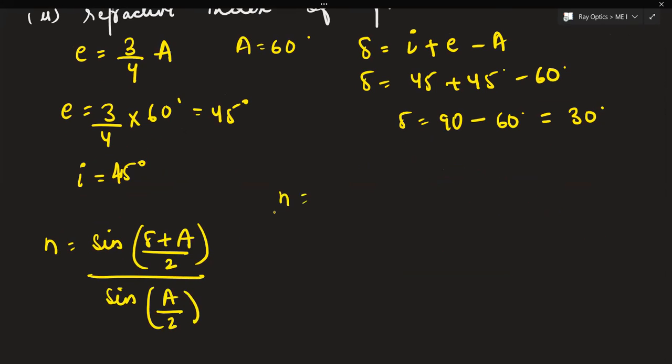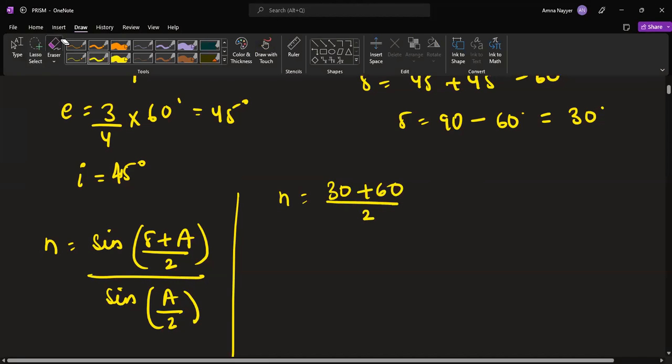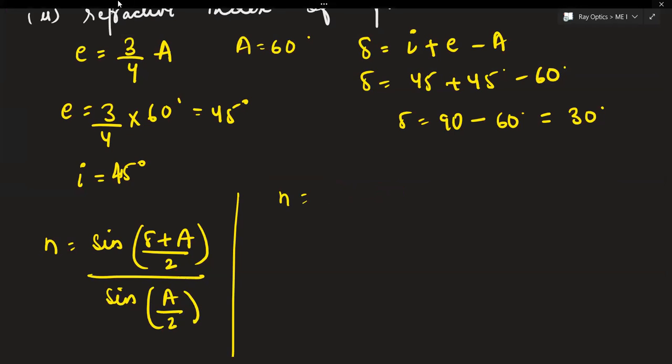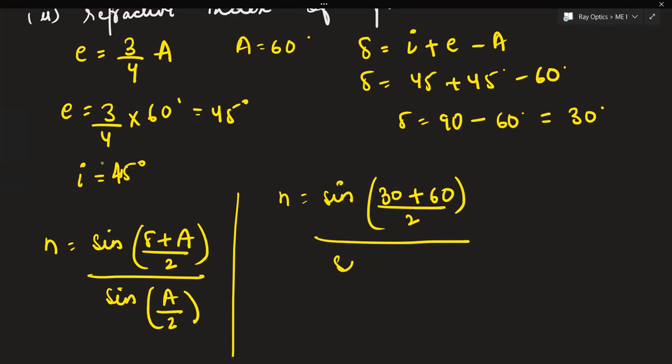This is sine (30 plus 60) by 2 by sine A by 2, and A is 60 degree because this is an equilateral prism, so 60 by 2.